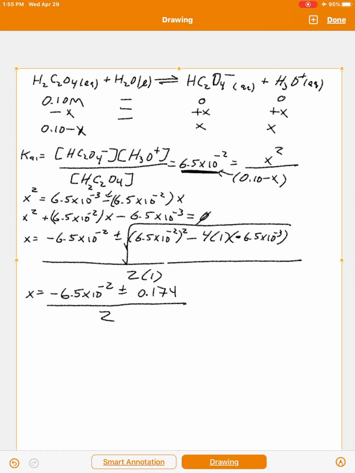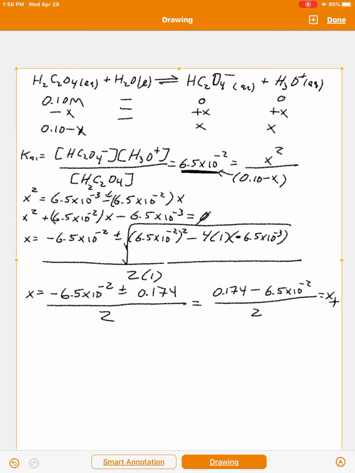So negative 6.5 times 10 to the minus 2 plus 0.174. That's the same as taking the second number and subtracting the first one, and then dividing it by 2. If you're doing the x plus, the positive root. You can check that, but that's essentially it.